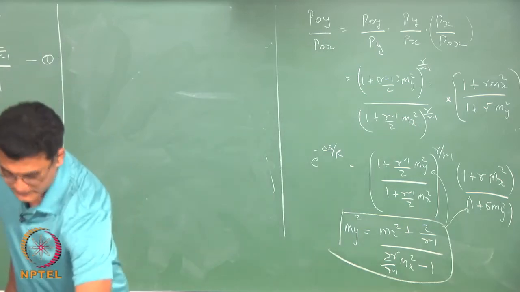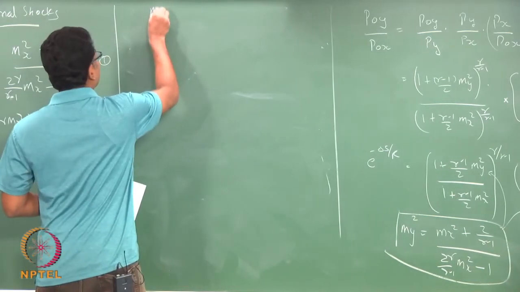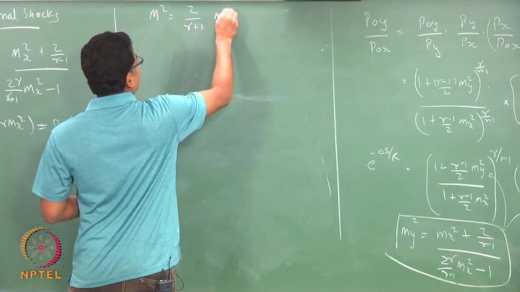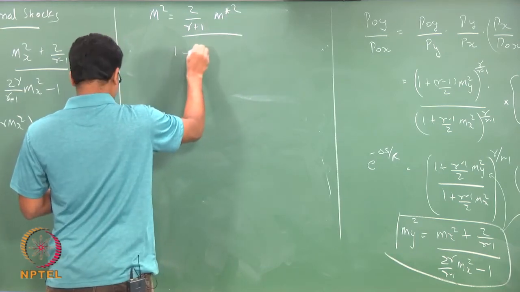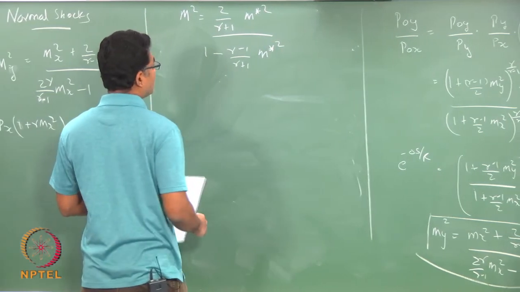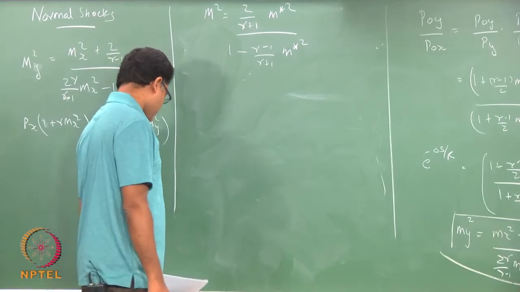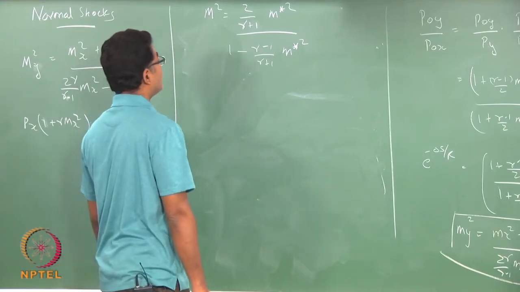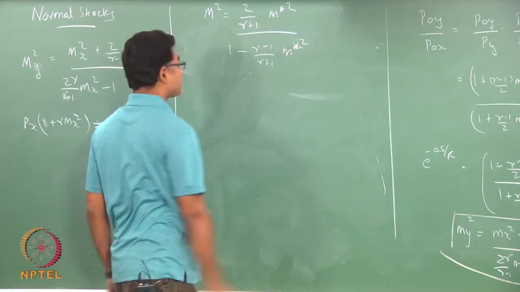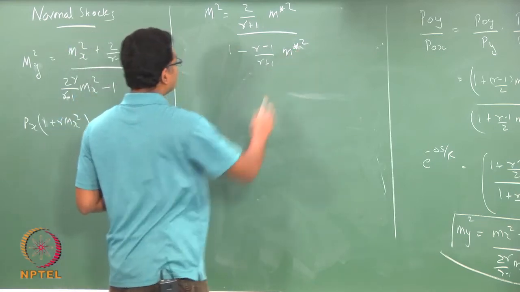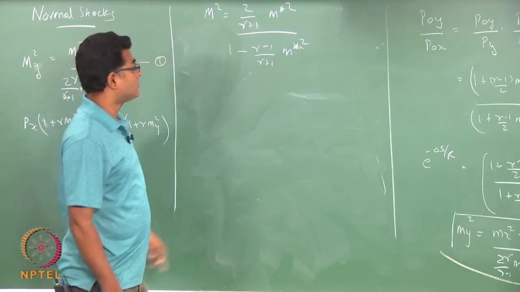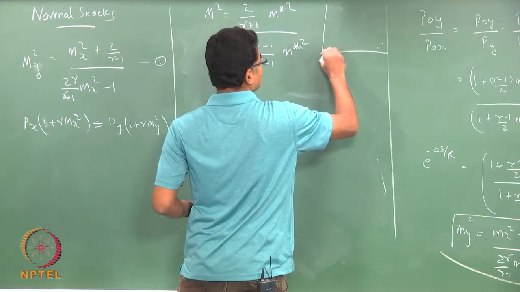So, I can relate my M square in terms of star values as this, something which we had already seen in the previous class, how to relate M in terms of M stars. For every M there is an M star that is associated with it. And we have also seen what is the M star when M tends to infinity. All such things we had seen. The plot looks something like this.